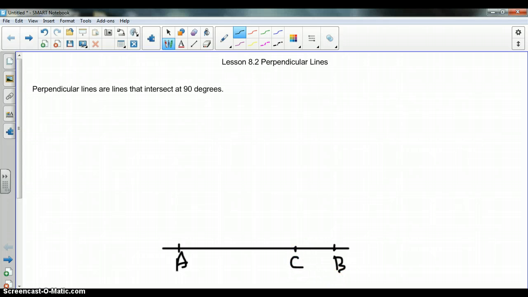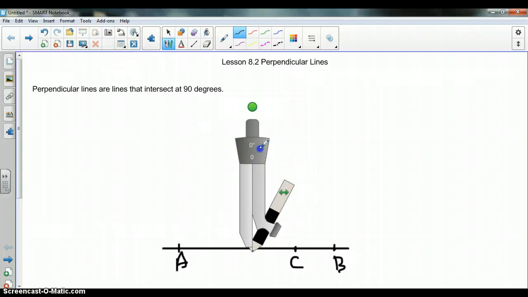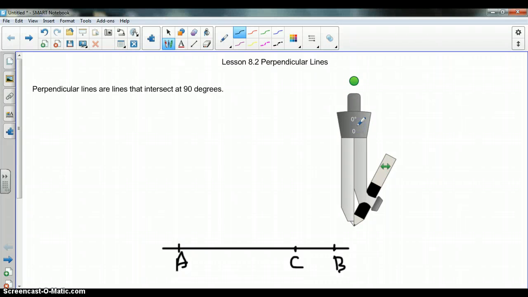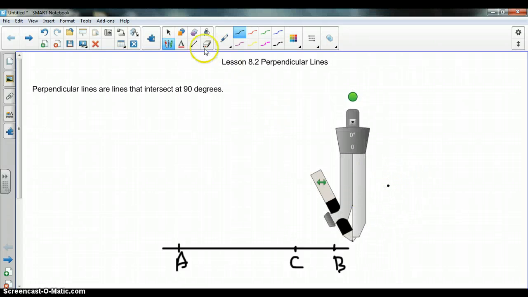Perfect. So I want to draw a perpendicular line. So I am going to get Mr. Compass right here. There he is. So let's move him out of the way for a second. And what I want to do is put this right here.